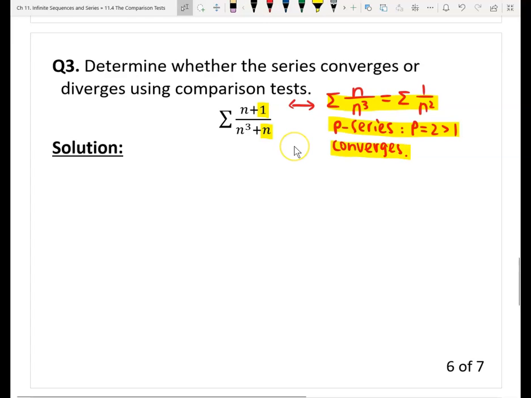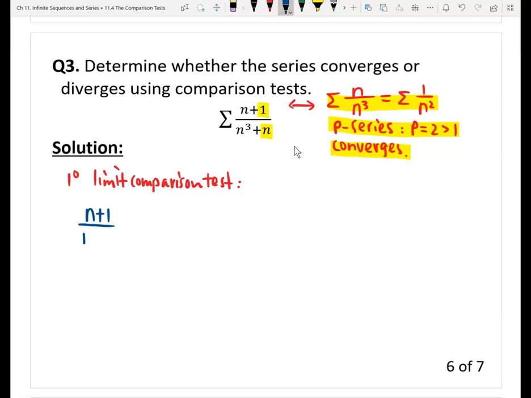Okay, write something. So how to write your answer? And we use a limit comparison test. Okay, we have to show the limit of a ratio, right? So n plus 1 over n raised to the third power plus n.